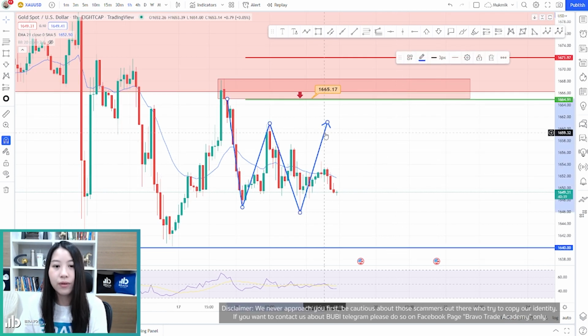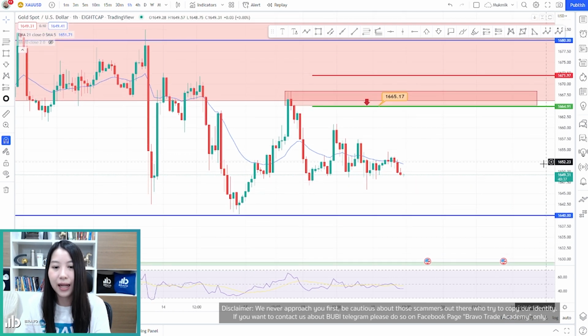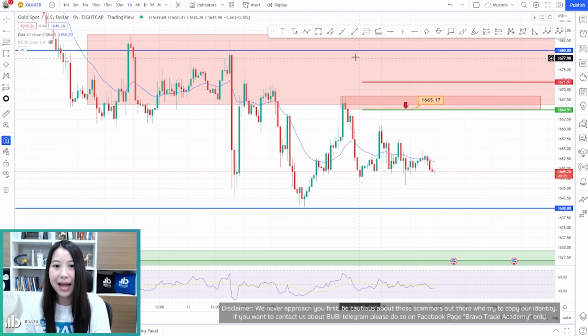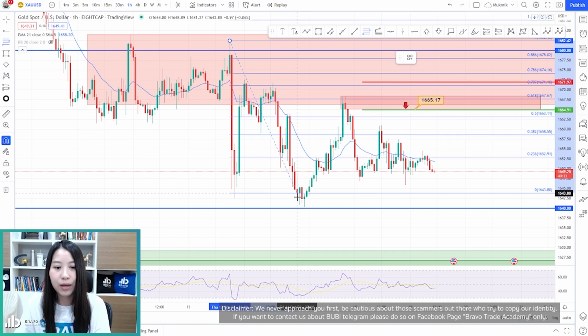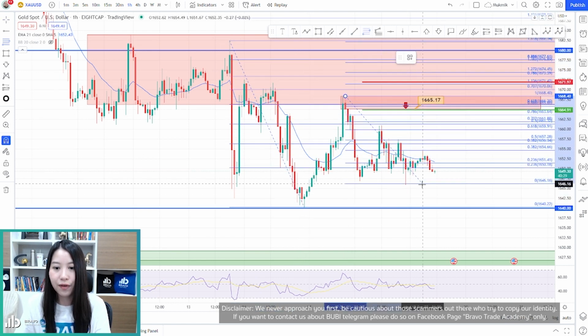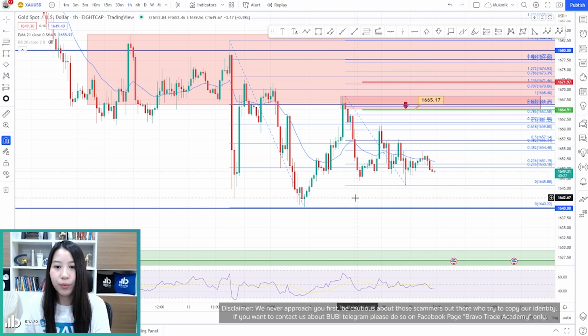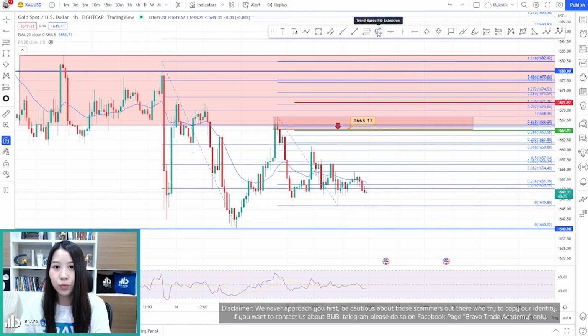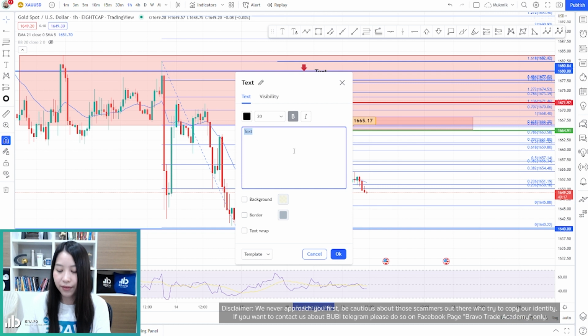What's another one? I do have another selling plan, which is from the harmonic patterns. I'll use my Fibonacci confluence to find the point. The points for harmonic patterns would be here, somewhere around 1678 to 1683.